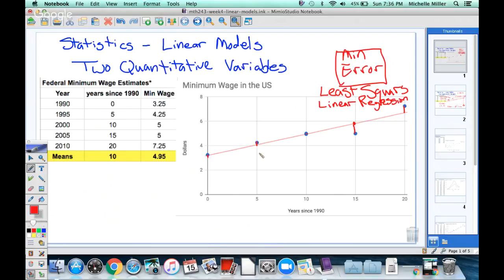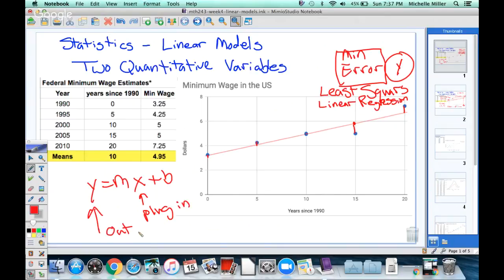And the linear regression line minimizes that error in approximation from the line to a point. Okay? And what we're minimizing there, the error, is the error in the y, and y is our prediction, because we have something that looks like y equals mx plus b. So that's designed so that we plug in some x value, and then our output is the y value. And our output is our prediction.